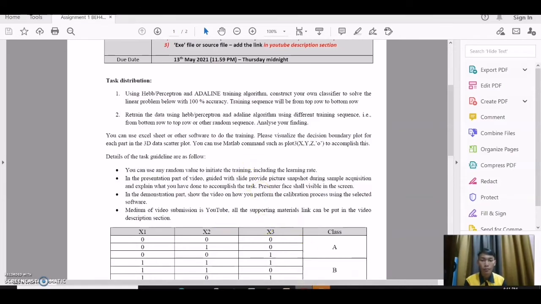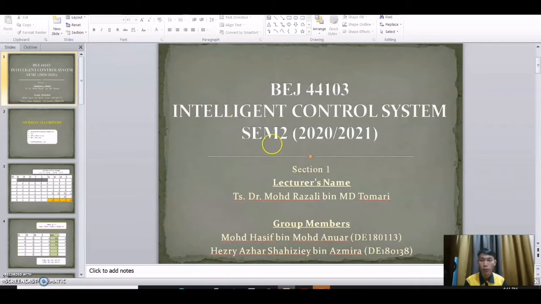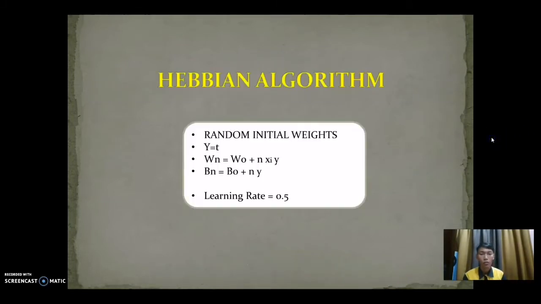So what is the Hebbian algorithm? The steps to do the Hebbian algorithm are four steps. Firstly, we need to know the random initial weight.